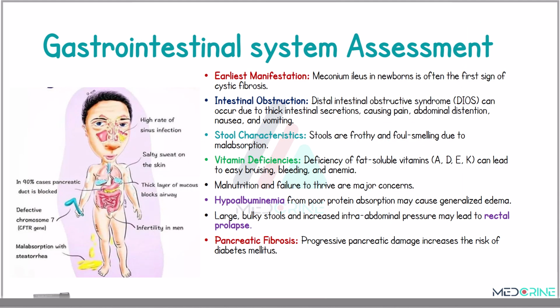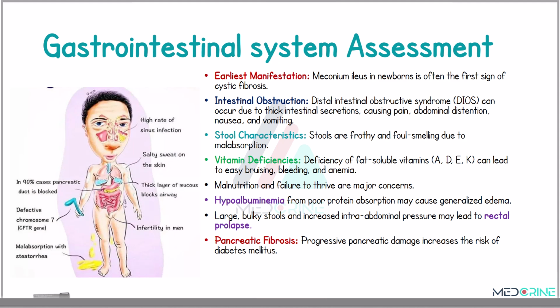In the gastrointestinal assessment, the earliest manifestation of cystic fibrosis is a meconium ileus in newborns who are born with cystic fibrosis. An intestinal obstruction, usually a distal intestinal obstructive syndrome, can occur due to thick intestinal secretions that are causing pain, abdominal distension, nausea, and vomiting.